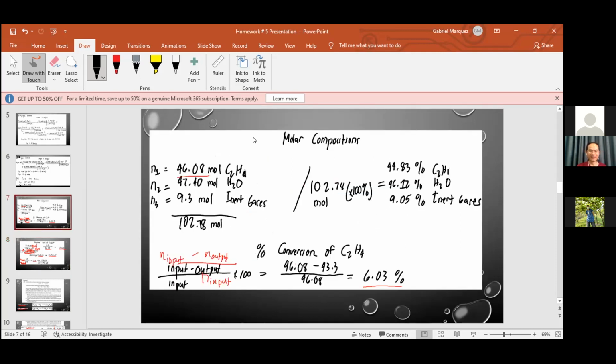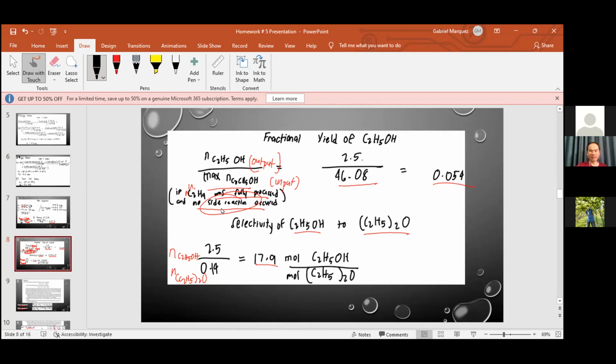Moles of ethane, C2H6, that's right. This is the moles of ethane, but for this case, moles of ethanol is 46.08. For this case, we calculate the maximum. That's right, this is the maximum from the first reaction.